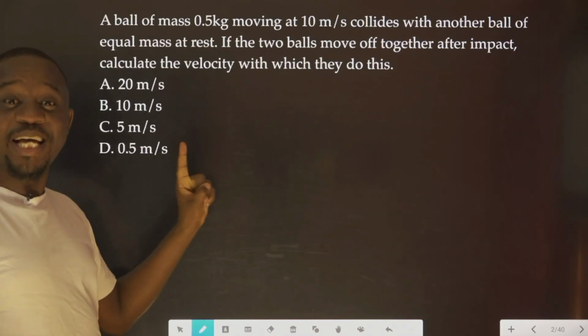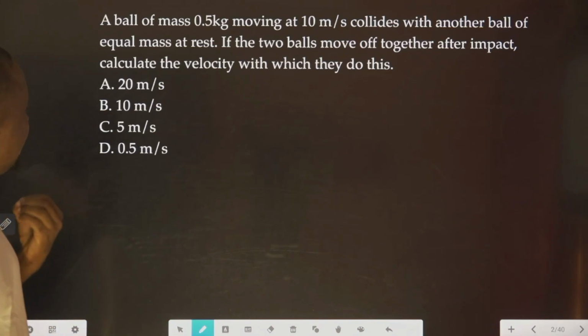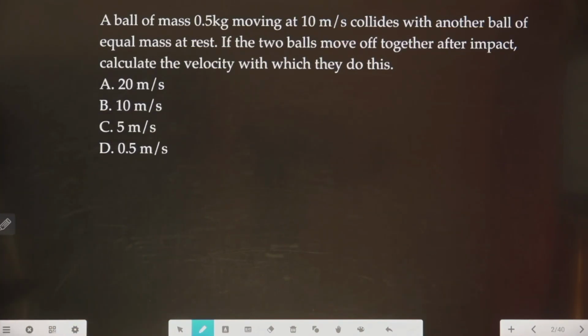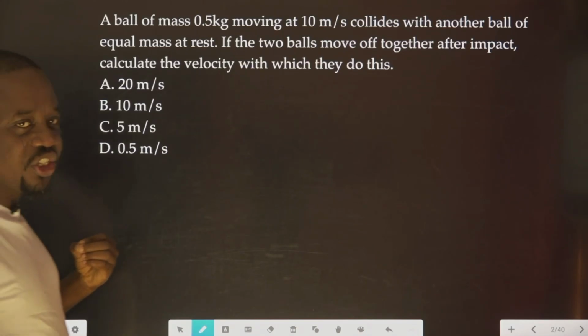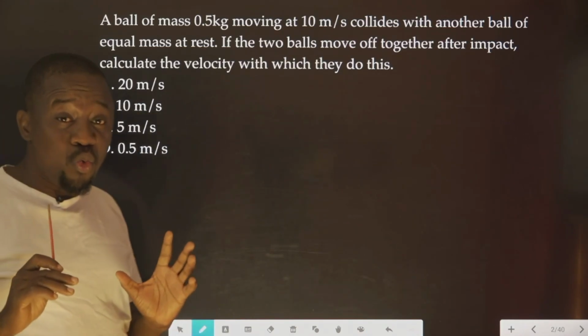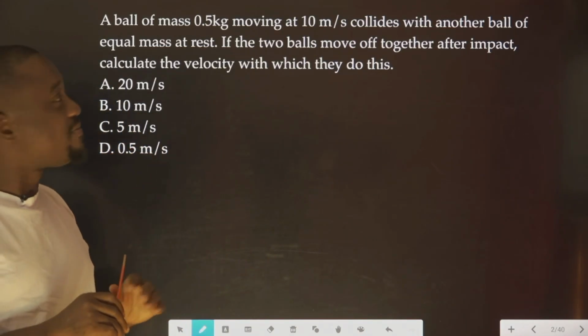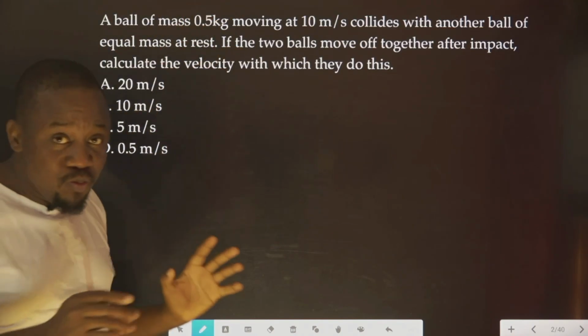Look at this second question. It says, a ball of mass 0.5 kg moving at 10 meters per second collides with another ball of equal mass at rest. If the two balls move off together after impact, calculate the velocity with which they do this. So what you need to see here is that this ball was moving.